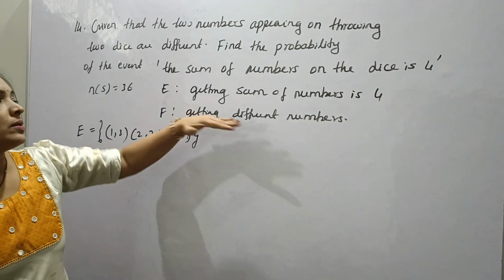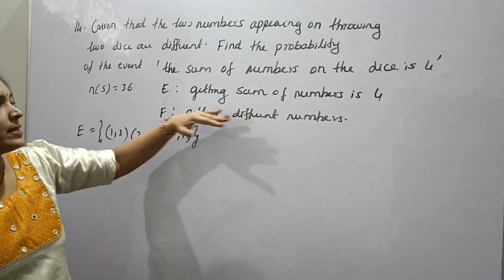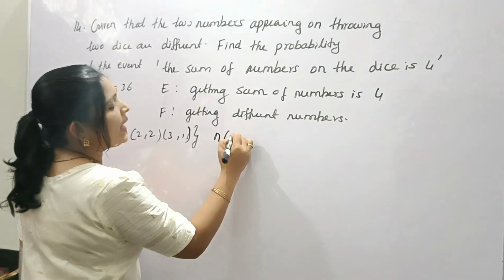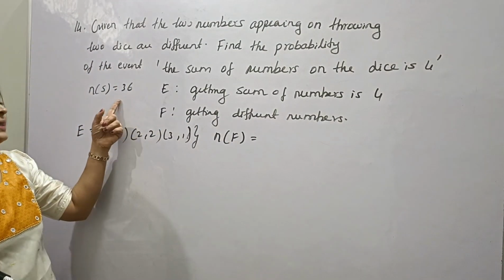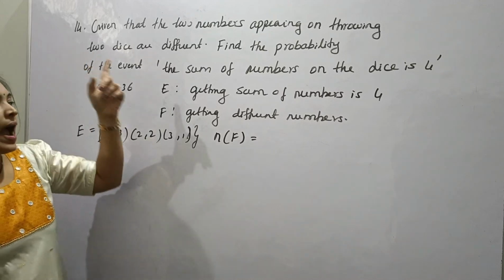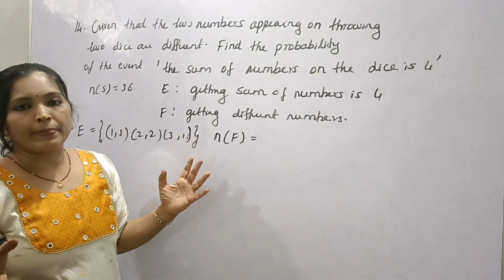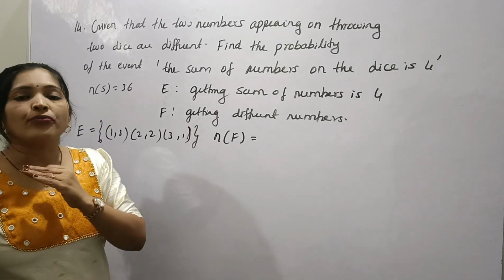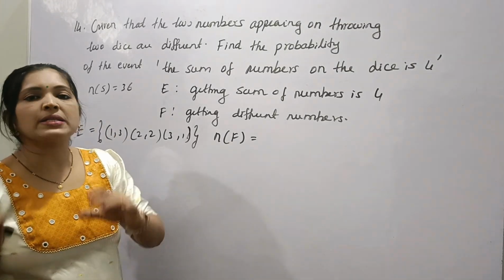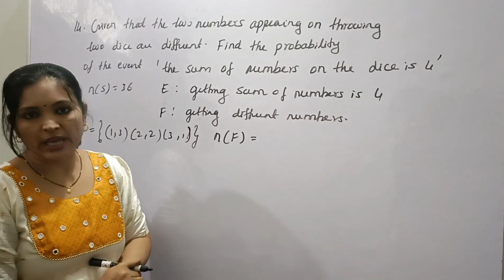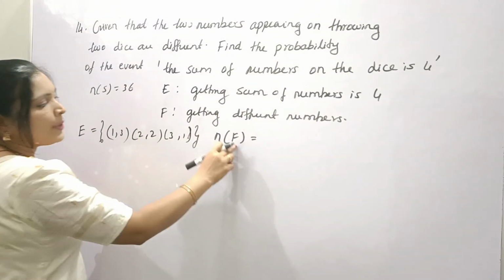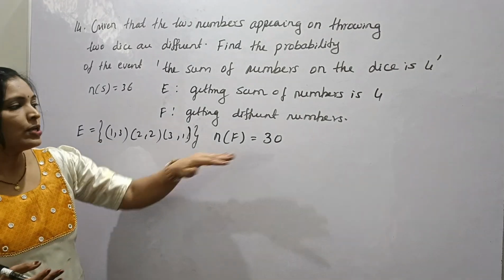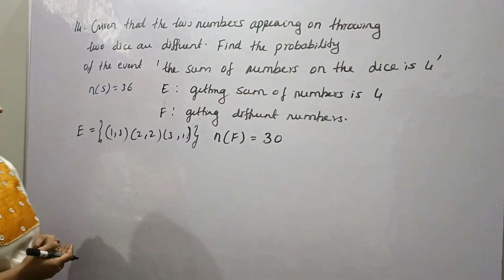They are not in the set F. Total there are 36 elements, and F is nothing but getting different numbers. So, except these 6 numbers where the first and second number are the same, the number of elements of F is 36 minus 6, that is 30.